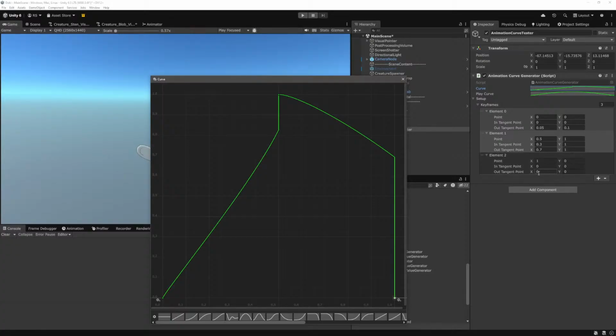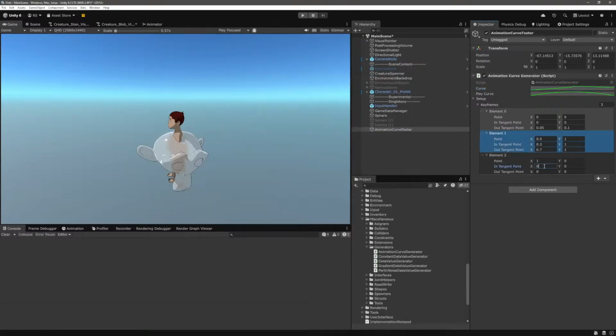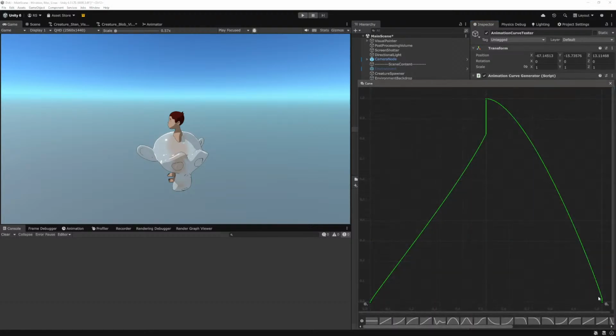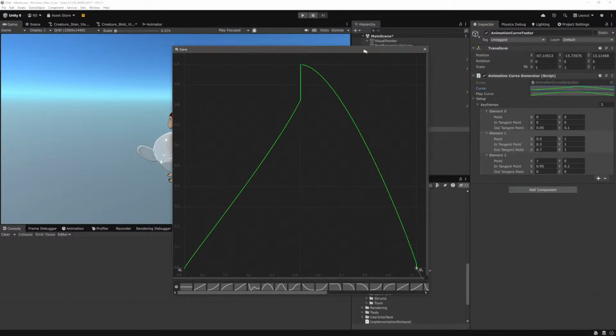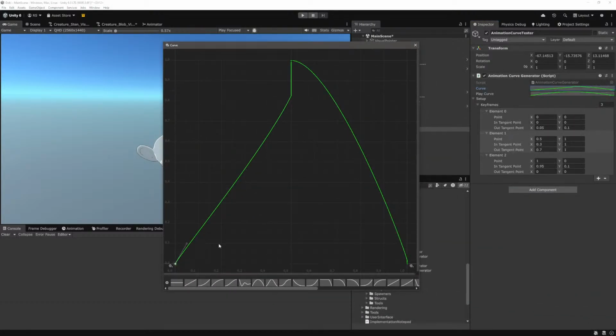In tangent or out tangent 0, 0, in tangent. What did we say? 0.95. 0.1. Okay, yeah, I think so. Ooh, okay, this one is the other way.